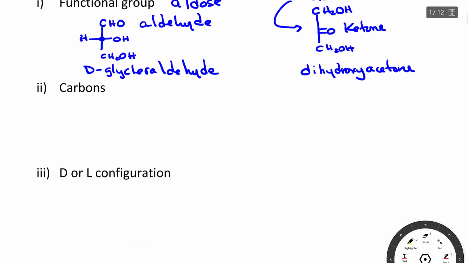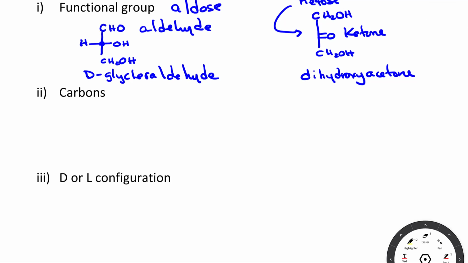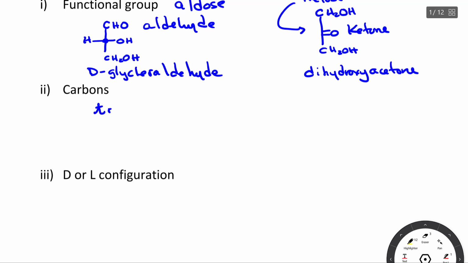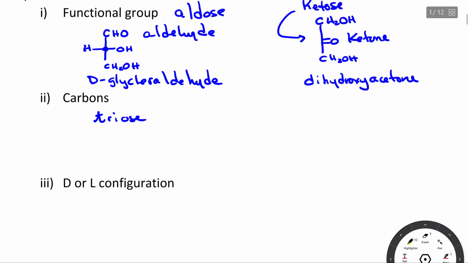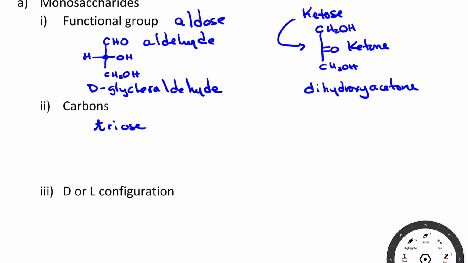Now, we also designate by the number of carbons, and the number of carbons can be designated as tri, tetra, penta, or hexa. A triose is a 3-carbon sugar. So both D-glyceraldehyde and dihydroxyacetone are examples of trioses.